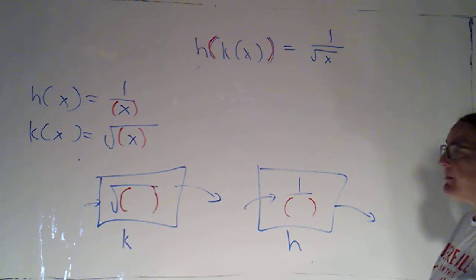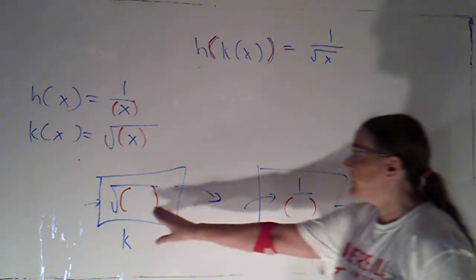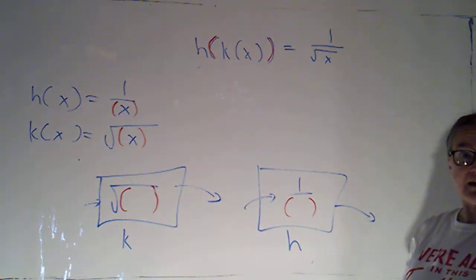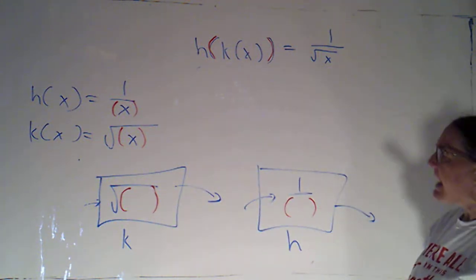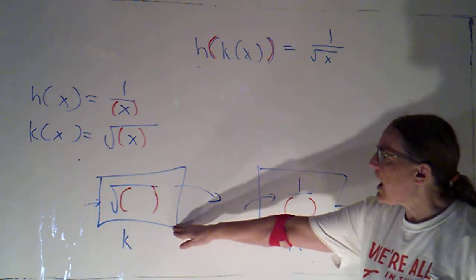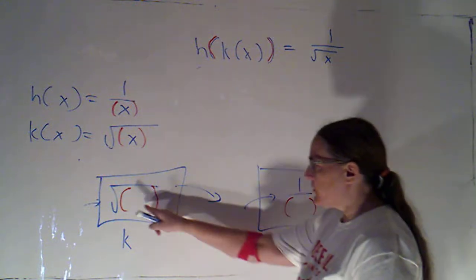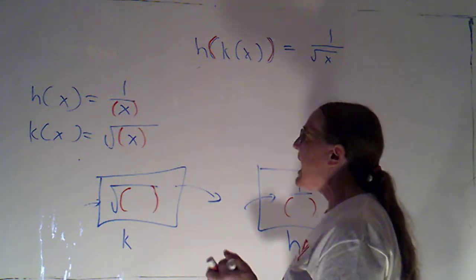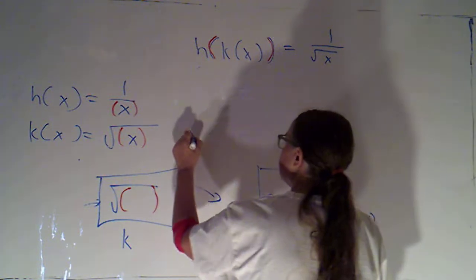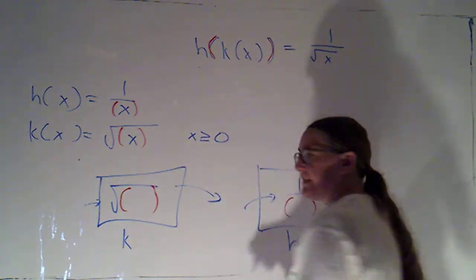In order for me to be able to do this, I have to be able to do both things. So, if I think about the domain of k, in order to take the square root, I need x to be bigger than or equal to 0.